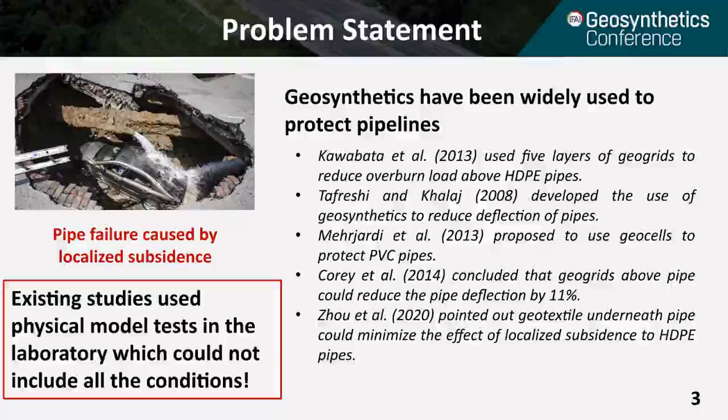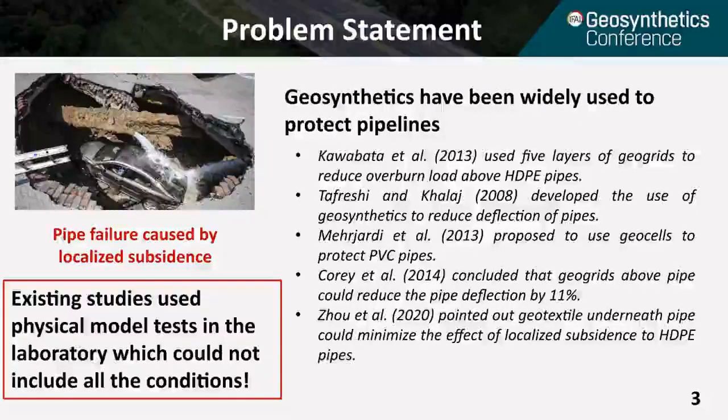So that's the pipe failure caused by localized subsidence. I have a photo here showing a severe pipe failure caused by a sinkhole. You can see a car in here, and hopefully the person in the car was safe.